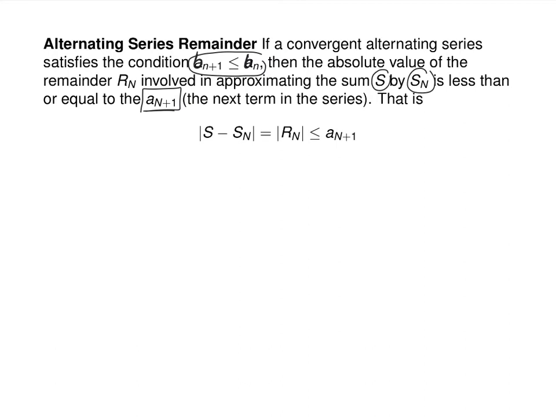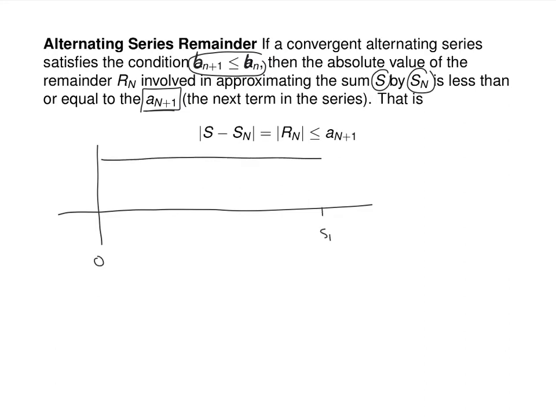What explains this the best is that picture we drew to prove this test in the first place. So here was 0, over here was S1. To get there, we added some B1. And then from there, we took away B2, and that was our S2. Then from there, we added B3, and that was our S3.